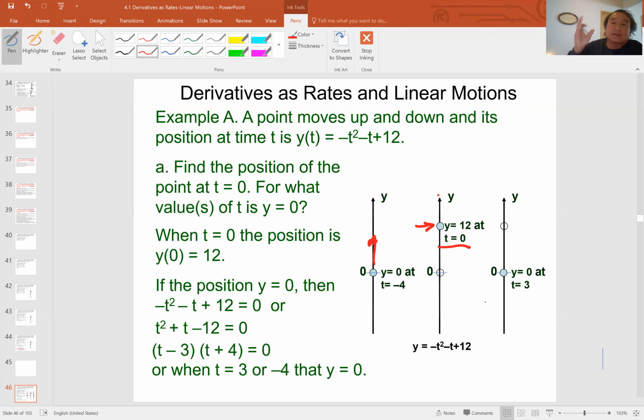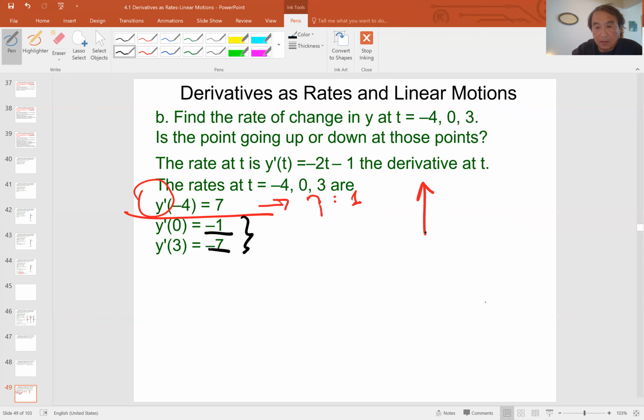This says basically 7 to 1 change in the y coordinate, therefore if I go up 1, y will go up 7. So in other words, the positive sign indicates the point is going upward. Similarly, negative velocity indicates the point is going downward.